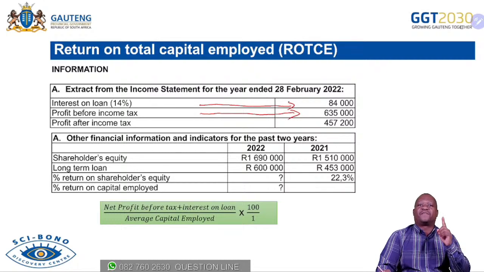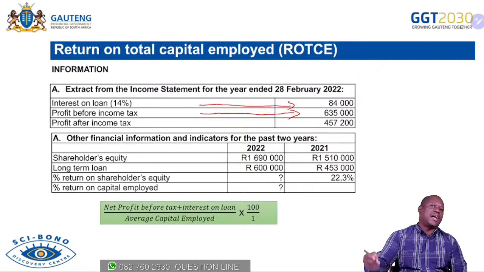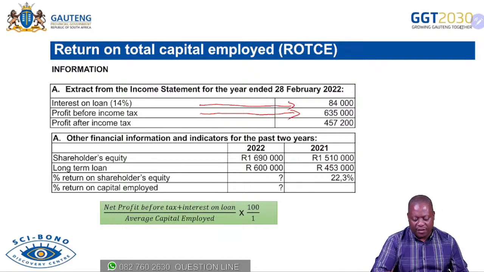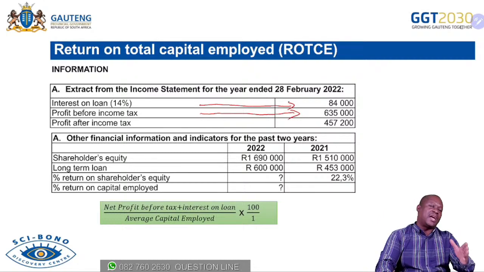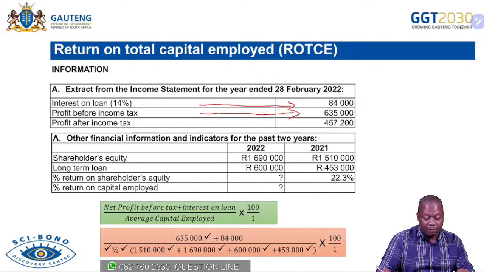We are also going to have opening loan balance plus closing loan balance. We add them together and then we divide by 2, because 2 of those figures are representing the beginning of the year and 2 of those figures are representing the end of the year. We divide by 2 so that we can find the denominator part. So let's see how is it going to look like.